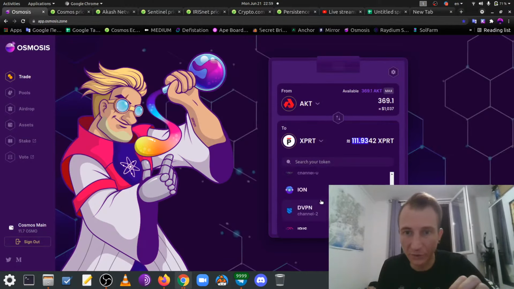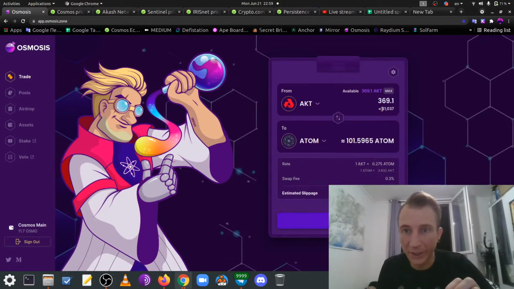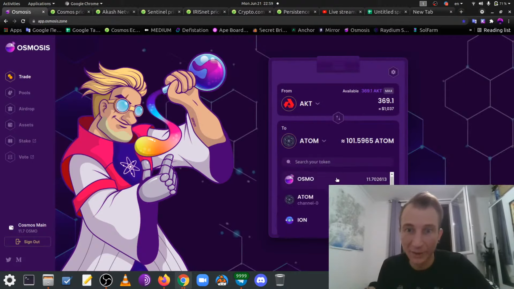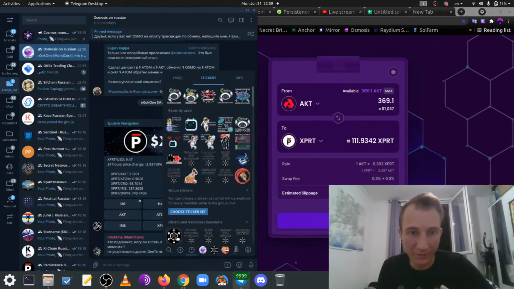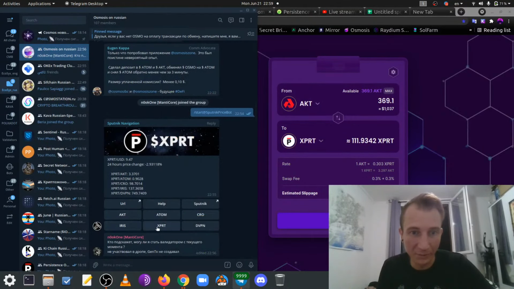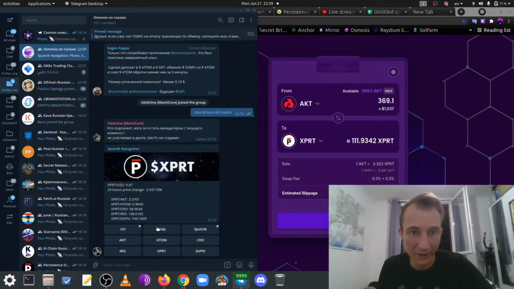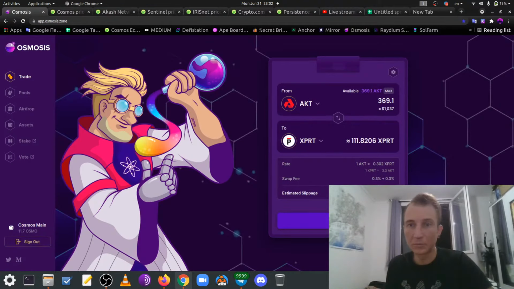We can of course change it to the atom and get so much, but we can now understand that we have some difference between XPRT 337 and 303. This is great.